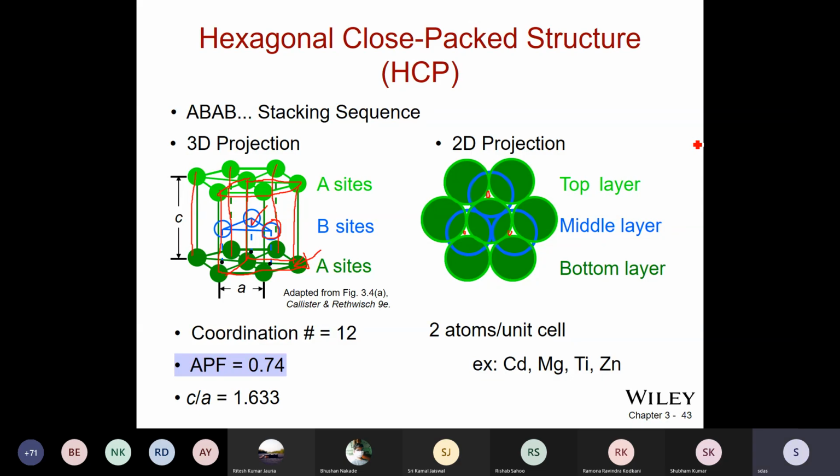My question is, both face-centered cubic and hexagonal close packed have coordination number 12 and atomic packing factor 74%. They also have this close packing of atoms, the one I showed you. But face-centered cubic is a lot more ductile compared to hexagonal close packed.